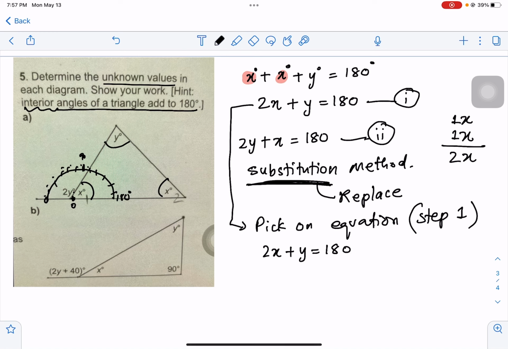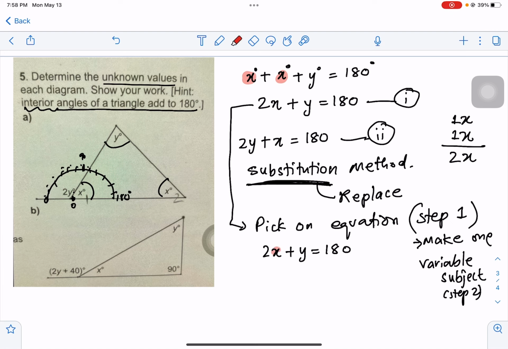Step 2, make one variable the subject. The variables you have are x and y.